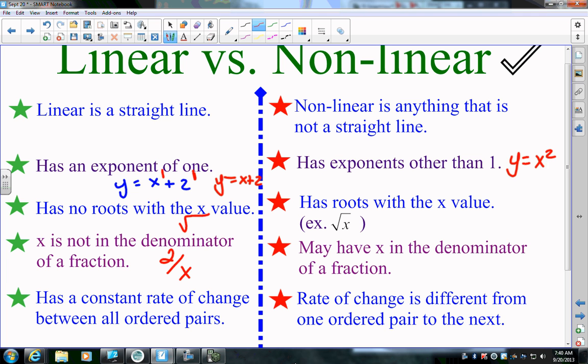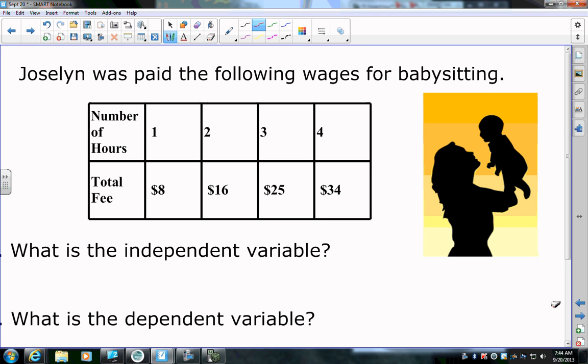Let me pause for a second. Okay, so let's look at this problem. It says Jocelyn was paid the following wages for babysitting. What is the independent variable and what is the dependent variable? Let's remember something first. Independent is the x, dependent is the y.